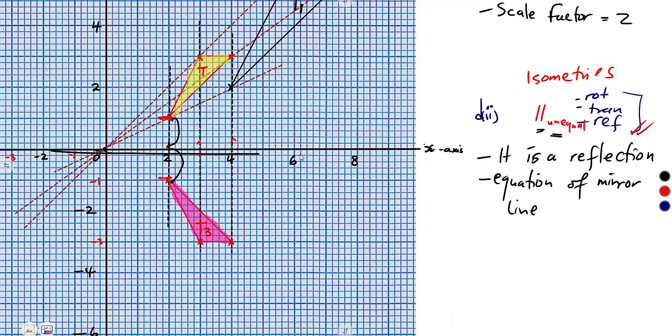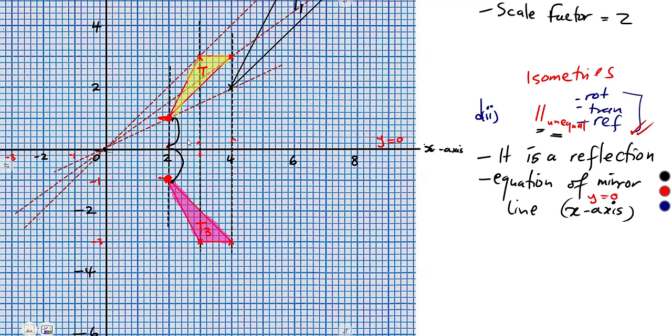So the equation of the mirror line is the x-axis, or you write the equation y is equal to 0. That is our mirror line. Or you can simply bisect using the compass. Bisect the line from this point and this point. You're going to see that the mirror line was going to be in the x-axis. But for a vertical line, you can easily judge by looking into the what?